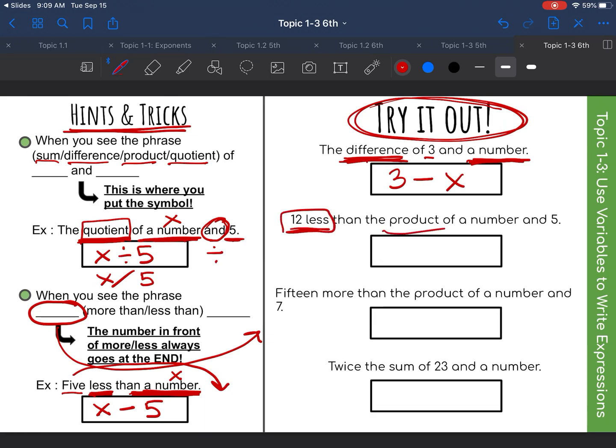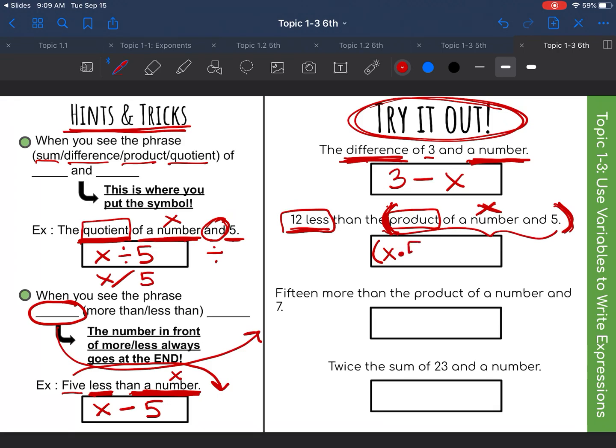12 less than the product of a number and 5. So the product of a number and 5 is what we're going to focus on first, and we're going to put that in parentheses. So a number, whenever they say a number, it's just X. Or it could be Y, it could be Z, but we just use X most often. So the product of a number and 5, product stands for multiplication.